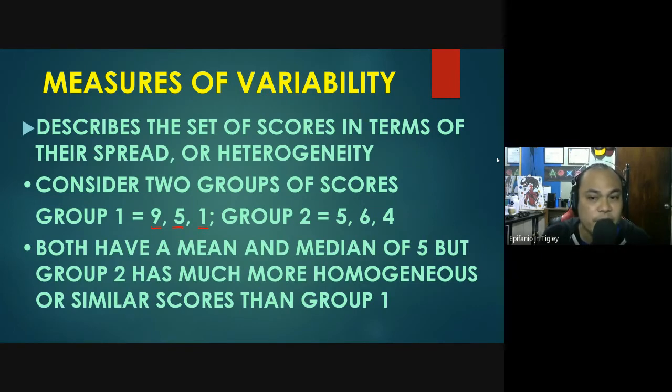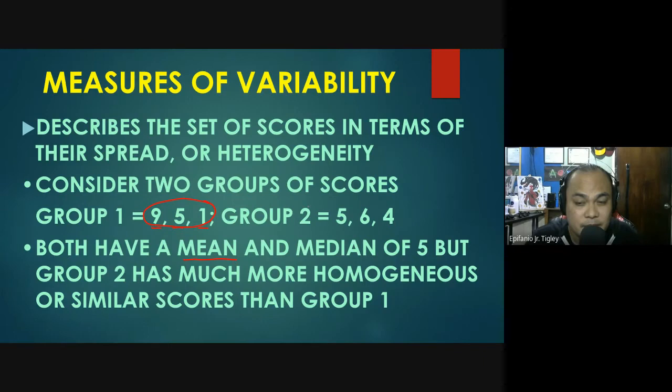The mean of group 1 and group 2 are 5. Sir, how did you get 5? Unsa pagkuha sa mean again, we have this one. Unsay buhaton nako ni 5, 9, and 1? To get the mean, add, divided by 3. So 9 plus 5 plus 1, that's 15 divided by 3, that's 5.